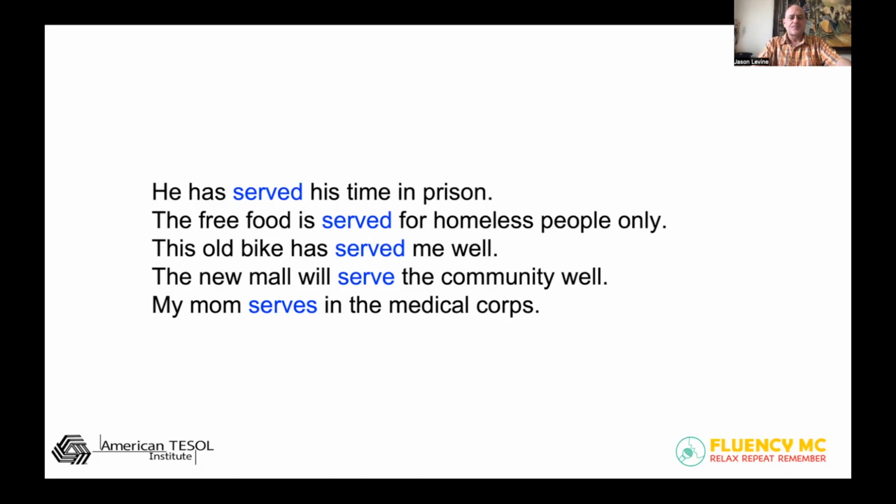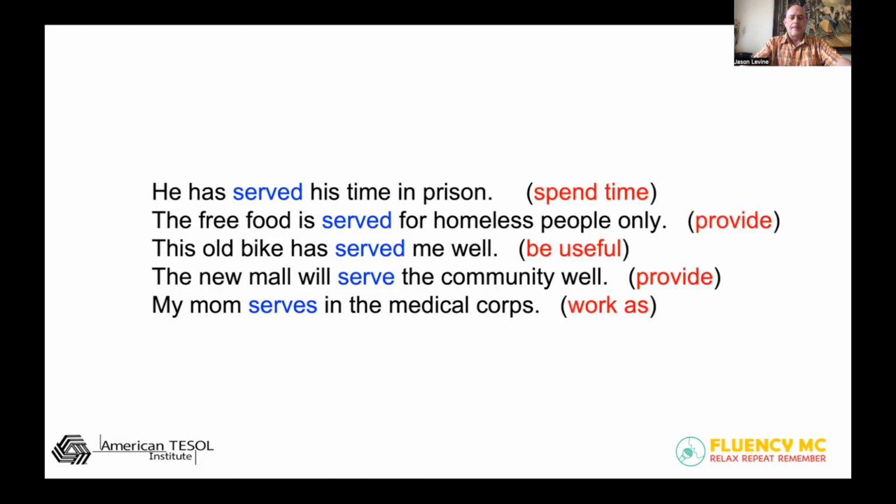Well, let's see. So to serve time, you spend time. But let's keep going and see if we can see something that connects them a little bit more. So what I'm saying here is that sometimes, even though they're used differently, they don't have the same meaning.